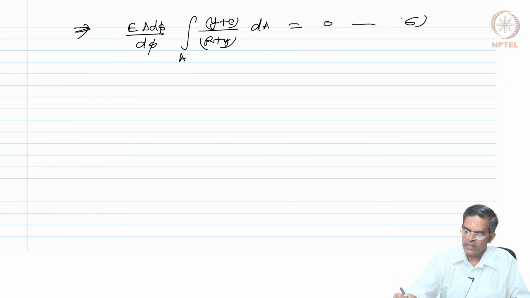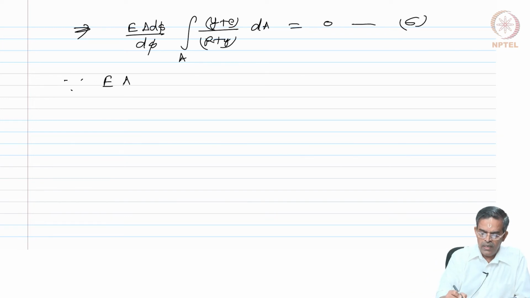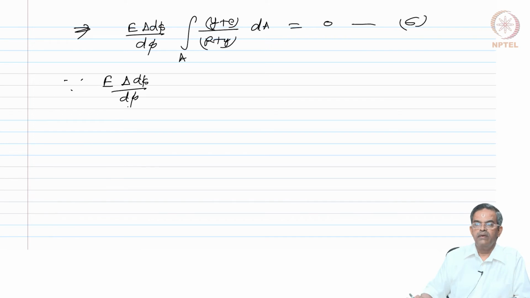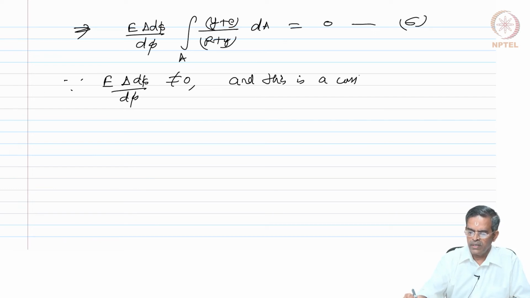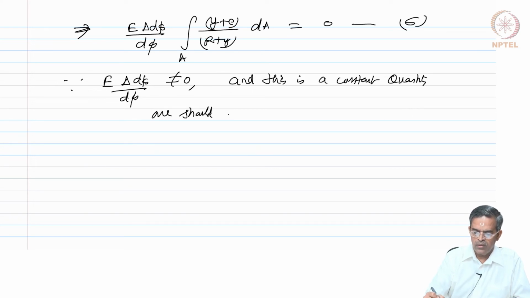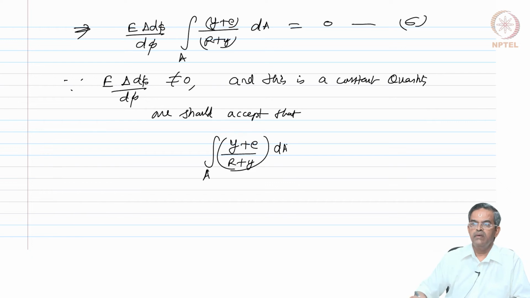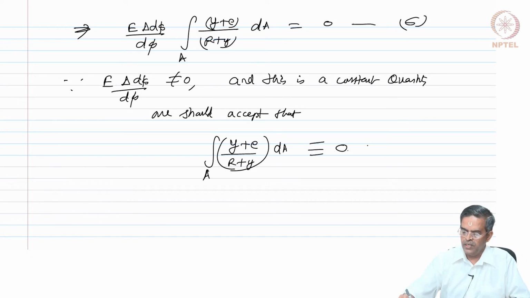We call this equation number 6. Now, friends, since E d phi by d phi cannot be 0 and this is a constant quantity, one should accept that the integral of y plus E by R plus y dA should be set to 0, equation 7.